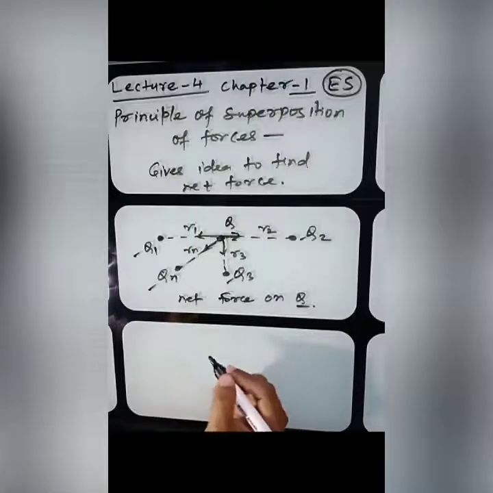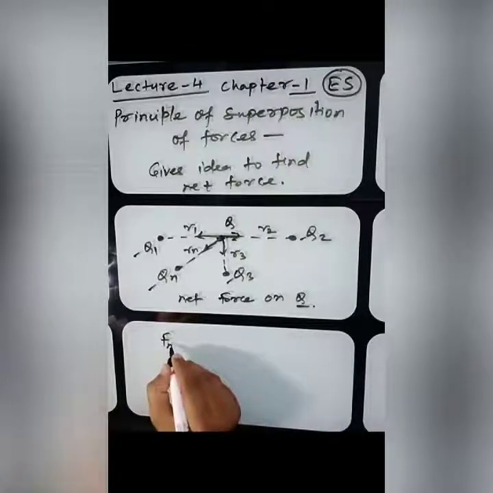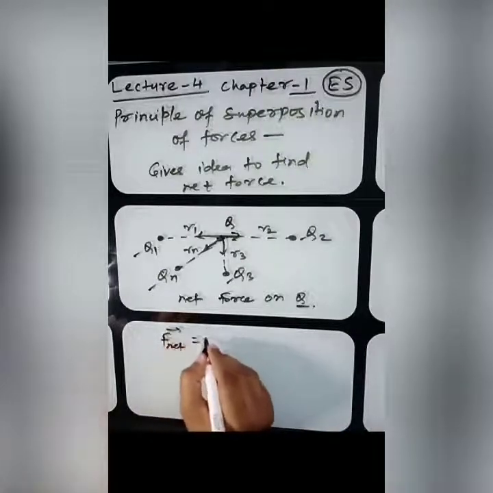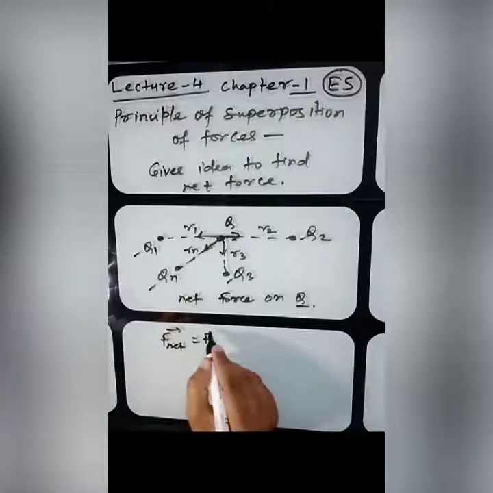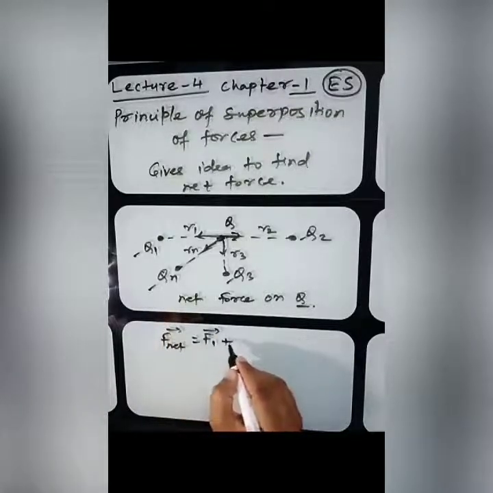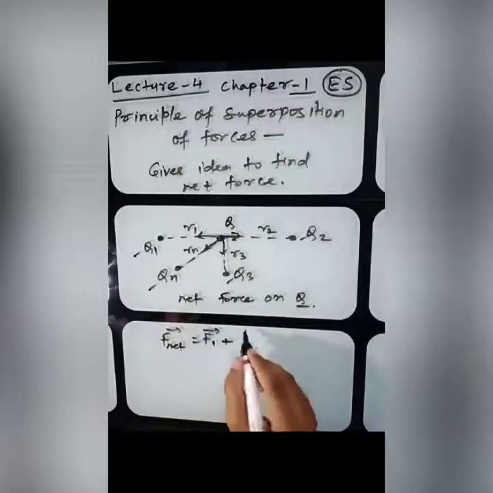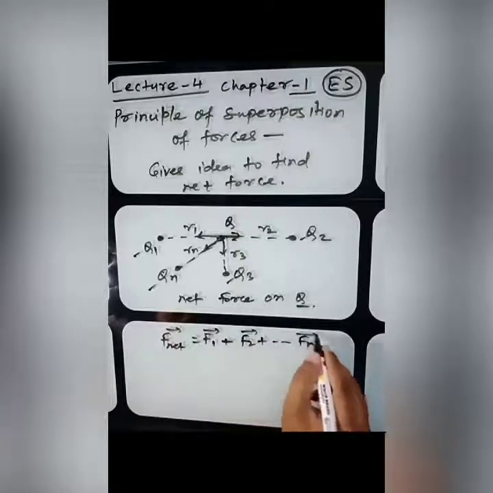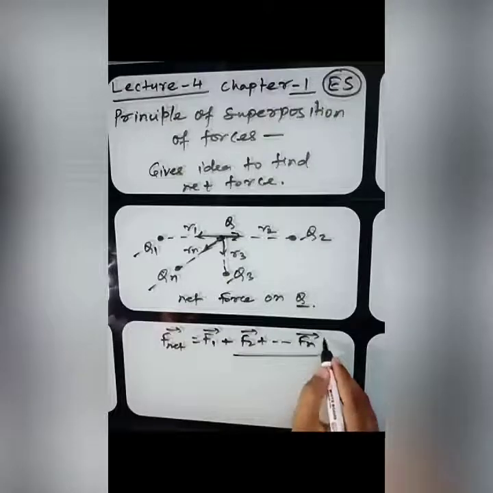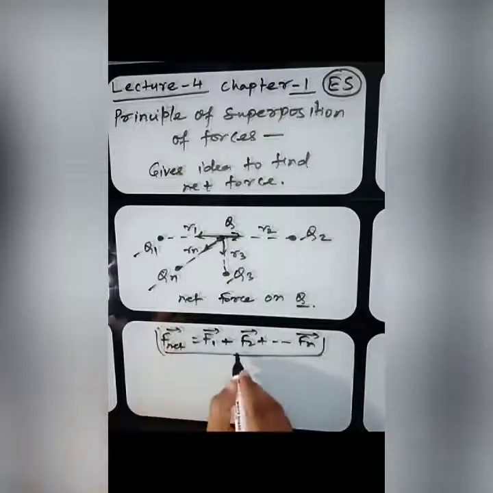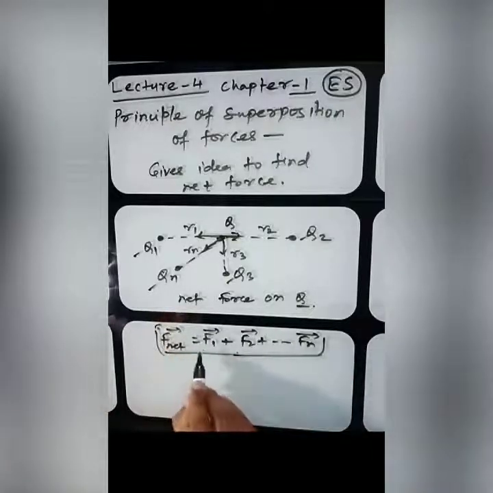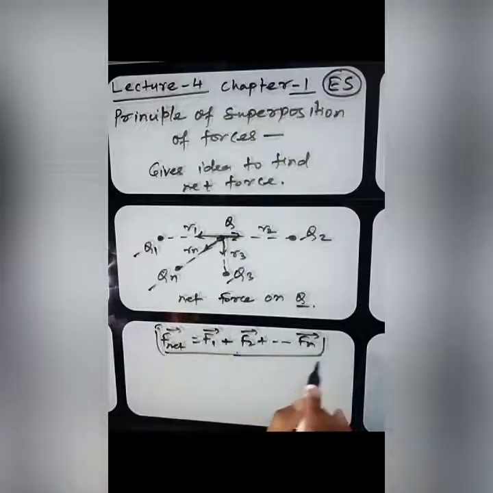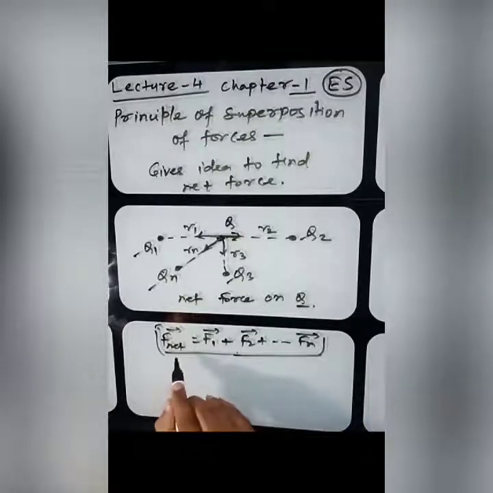Force is a vector quantity, so we can write the net force as the vector sum of all the individual forces acting on the charge Q due to the different charges, F1 plus F2 and so on up to Fn. Finding the net force on a charge by the vector sum of the individual forces is called the superposition principle.